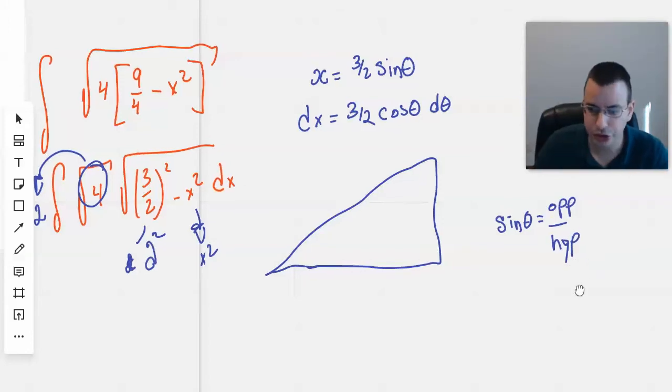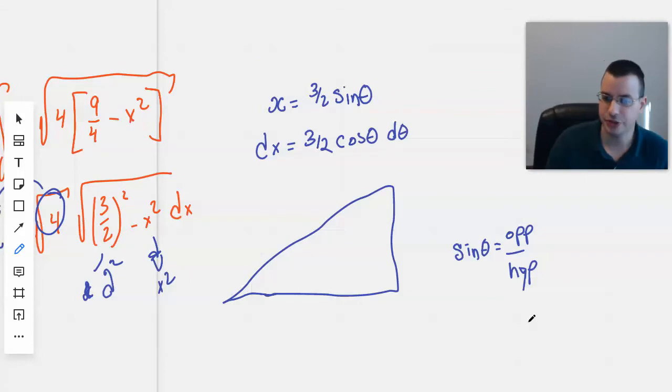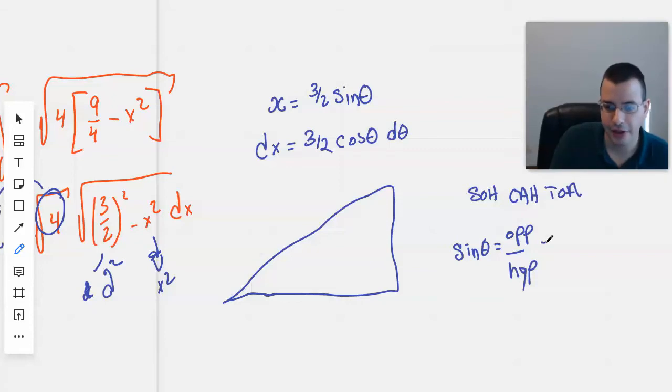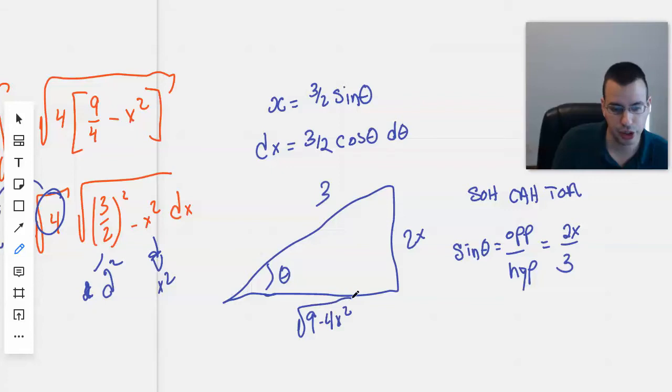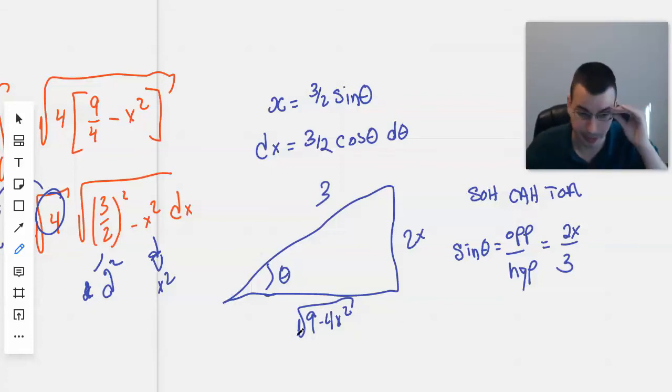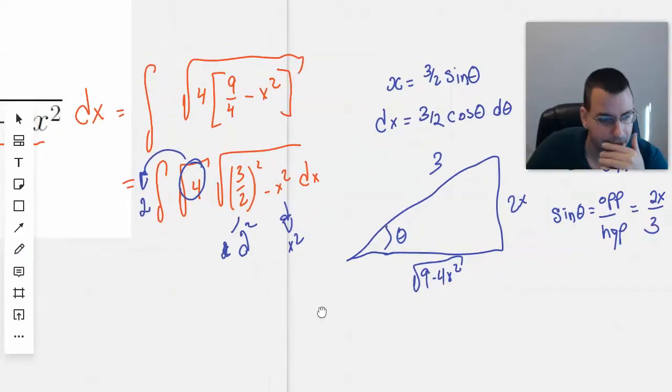So we do good old SOHCAHTOA, where sine of theta equals opposite over hypotenuse, which equals 2x over 3, just rearranging this equation up here. And so we have theta here. This is a sad looking triangle. Opposite would be 2x, hypotenuse would be 3, and so this would be the square root of 9 minus 4x squared, using the Pythagorean theorem. Okay, so that keeps that straight.